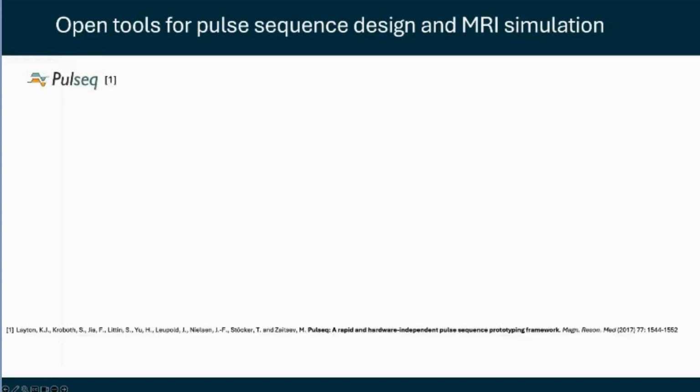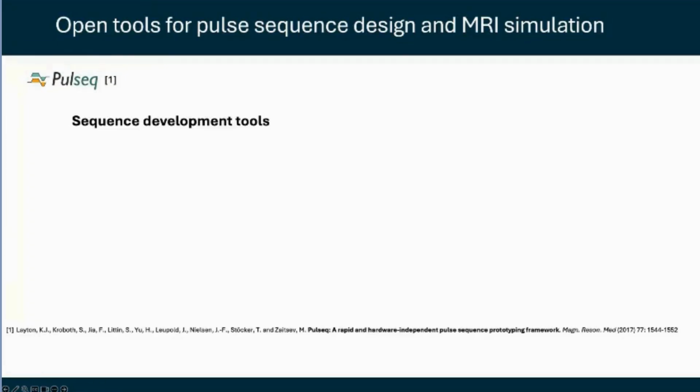A major step forward was, of course, Pulseq, which introduced an open and standardized file format for sequences and MATLAB libraries compatible with this type of files. And then we have more recent tools, most of them compatible with Pulseq, that focus on usability by means of graphical interfaces.